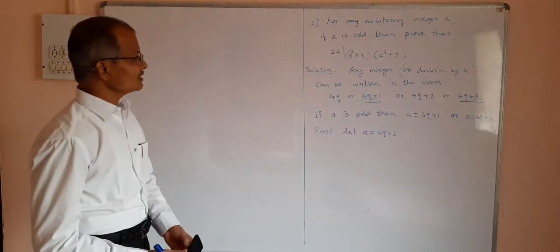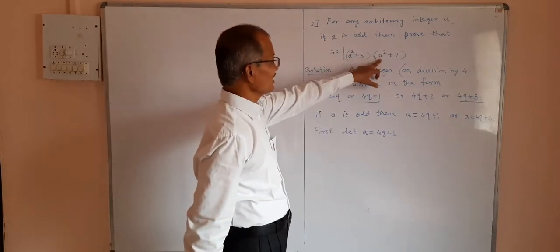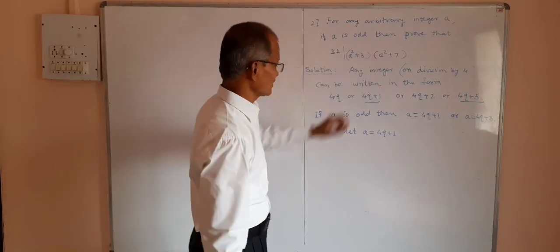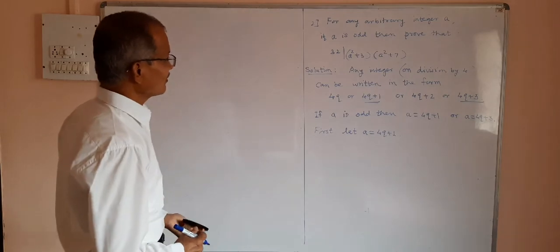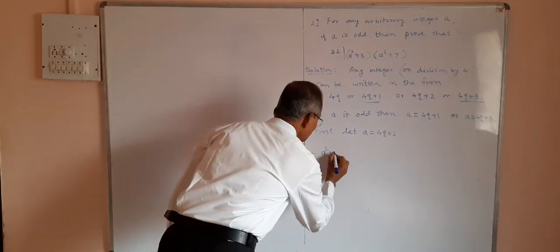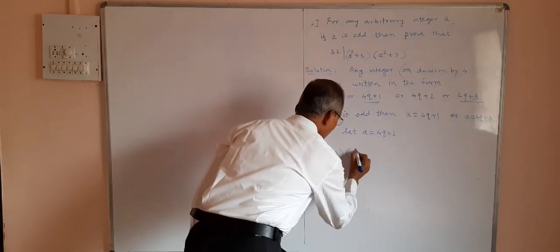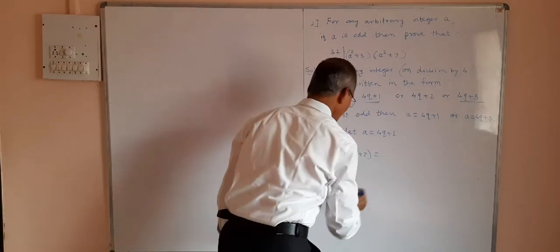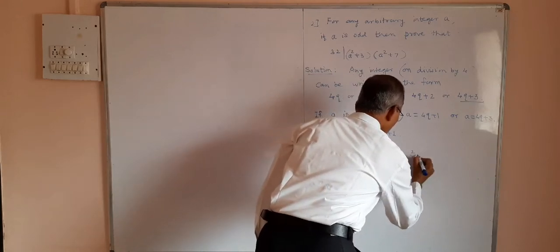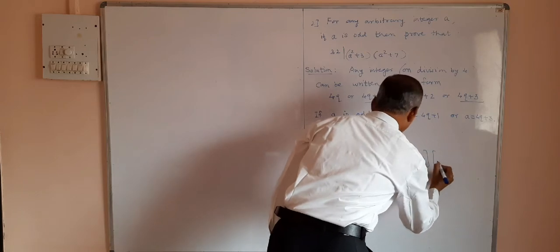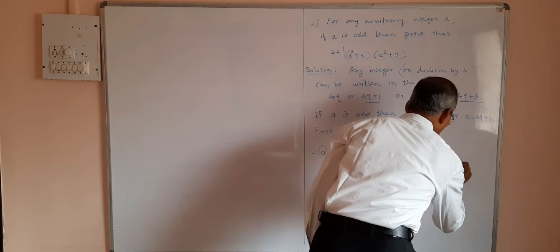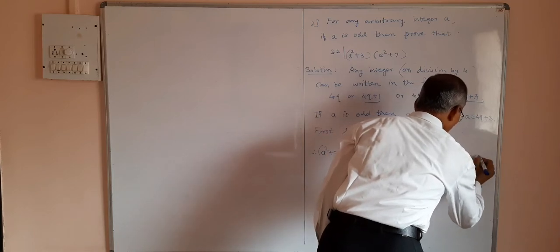And what we have to show is that (A square plus 3) into (A square plus 7) is a multiple of 32. So A square plus 3 into A square plus 7 is equal to (4q plus 1) whole square plus 3, into (4q plus 1) whole square plus 7.